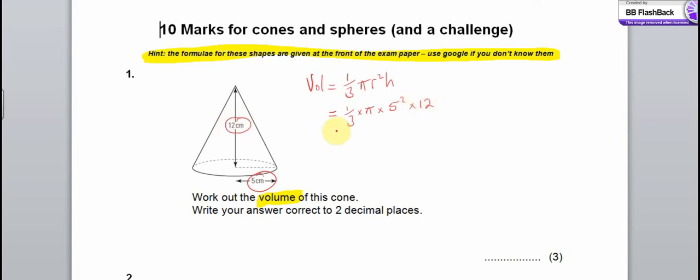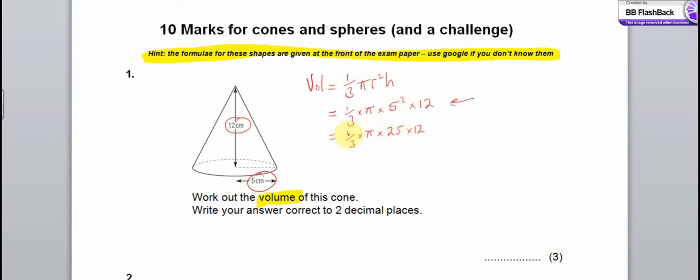And it's always a good idea just to challenge yourself, see how far you can get without a calculator. Obviously you could use a calculator, but it's worth having a pop to see how far you can get. So we've got 1/3 and the pi. We can't do a lot with them just yet. Let's just simplify this. 5 squared is 25, and then the 12.